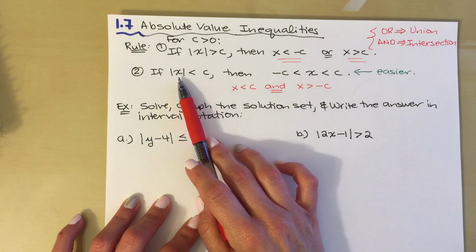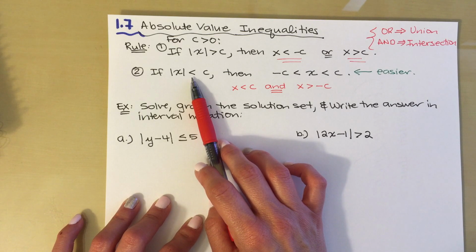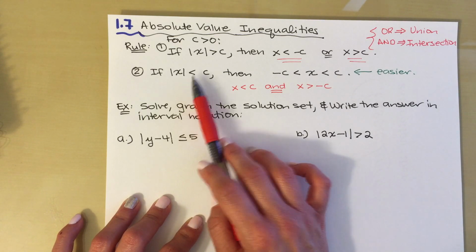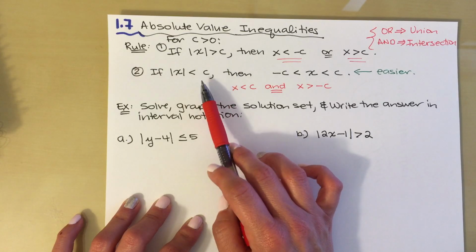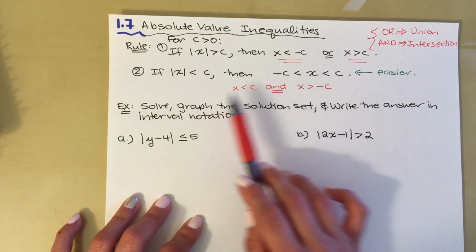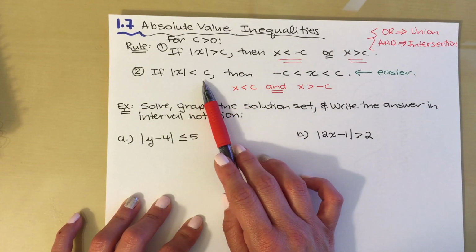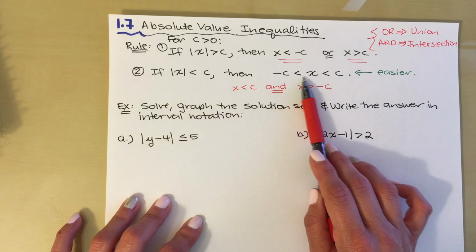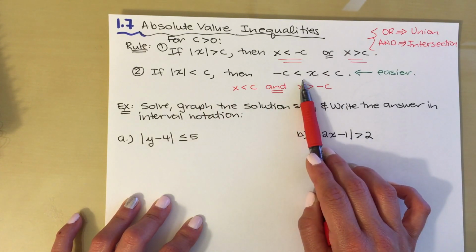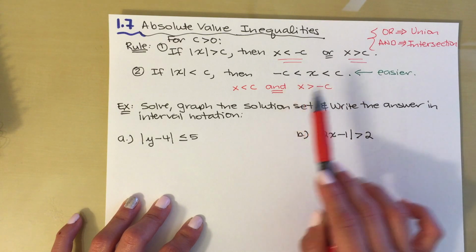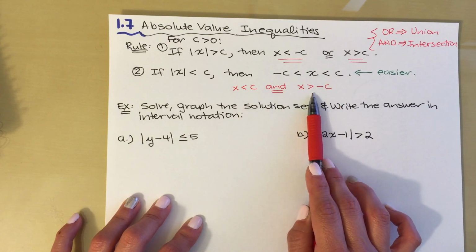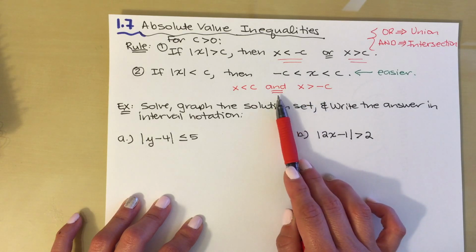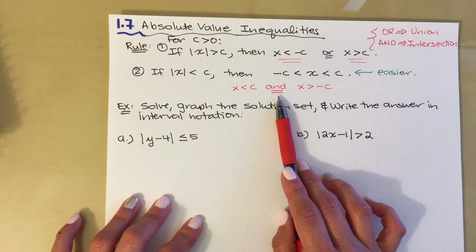If we have the second situation with a less than, or it could be less than or equal to, it could be equal to for both of them, by the way. Then what we're going to do is the easiest way to break this up is to write it as a double inequality like that. If you want, you can also break it up into 2 separate inequalities and connect them with the word and.